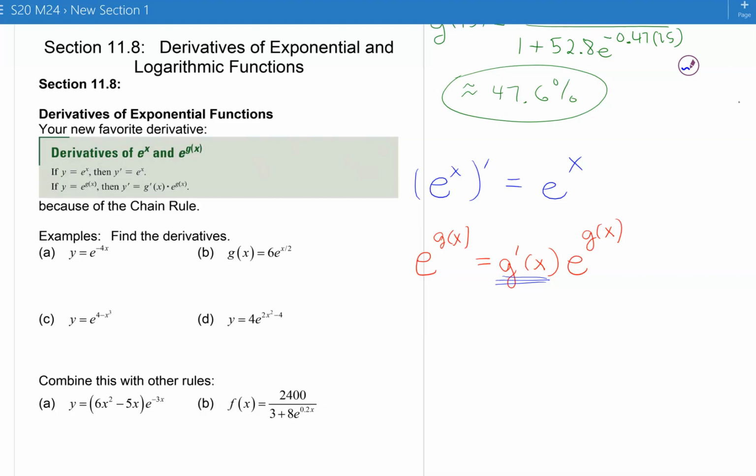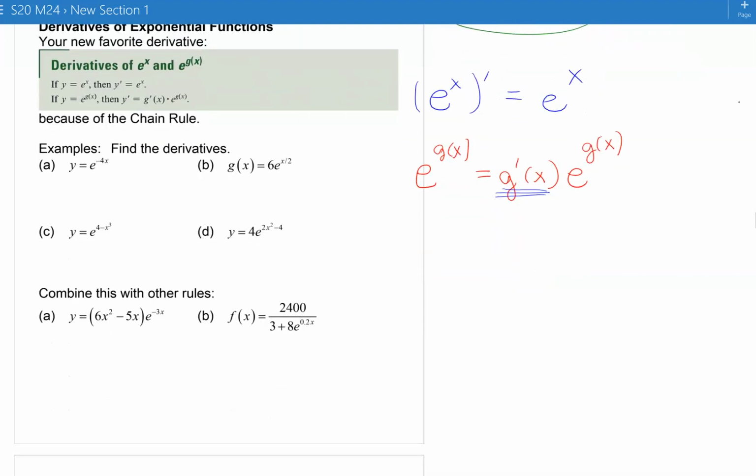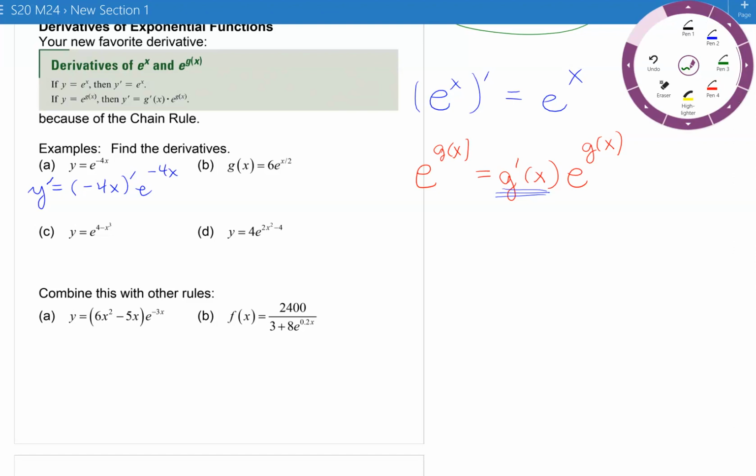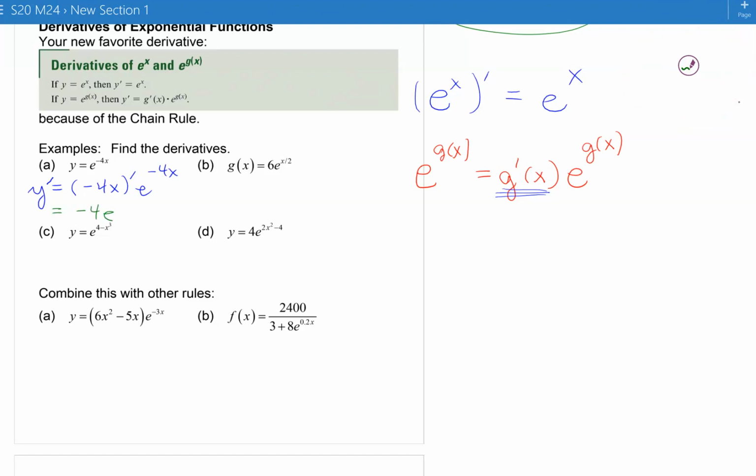So let's look at example A here, and we're going to have y equals e to the negative 4x. This is going to be y prime: the derivative of negative 4x times e to the negative 4x. So the derivative of negative 4x is negative 4, and then e to the negative 4x. So that's your answer.